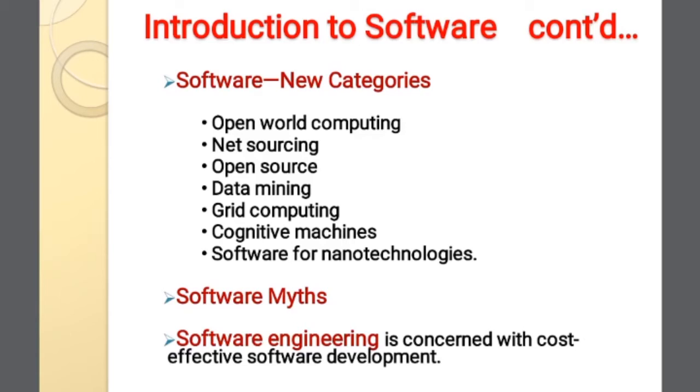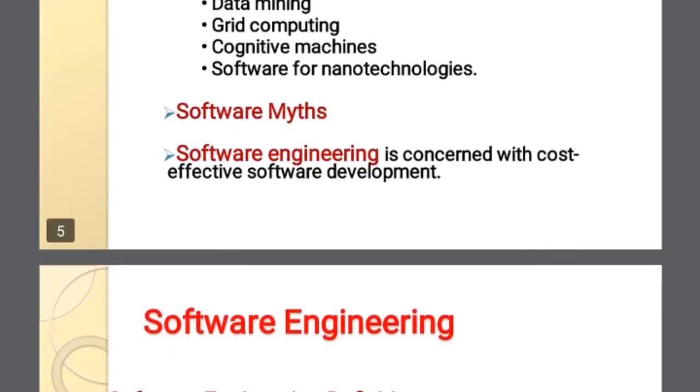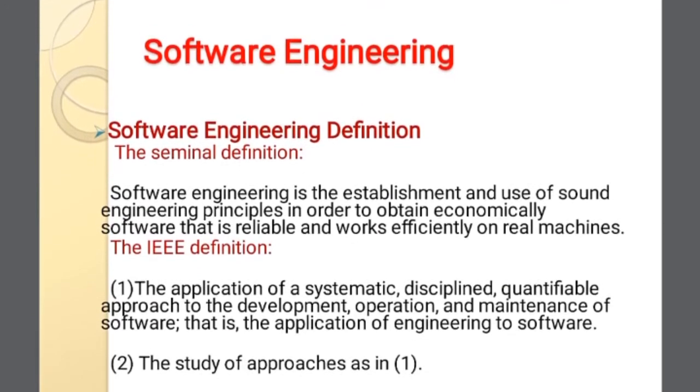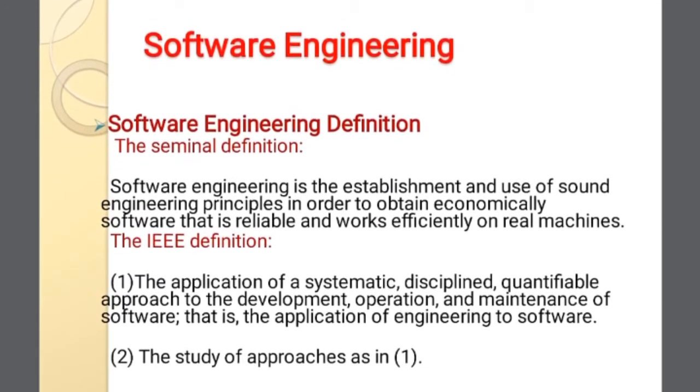Coming to the basic definition of software engineering, it is a branch of computer science where the development of software is done using well-defined scientific principles, methods, and procedures. So what should be the outcome of any software engineering? It is going to be an efficient and reliable software product.